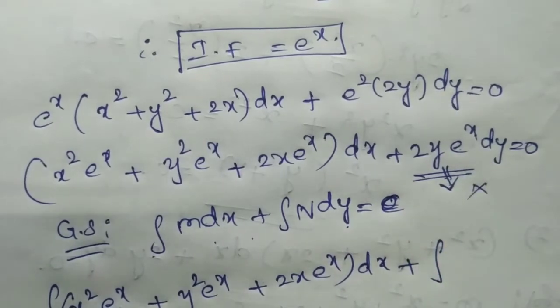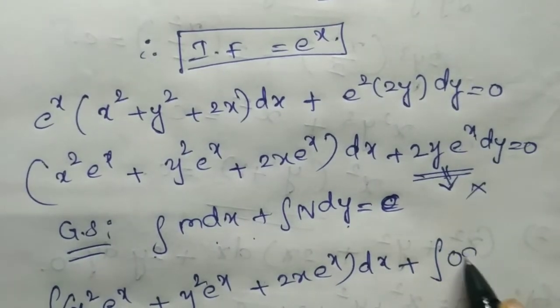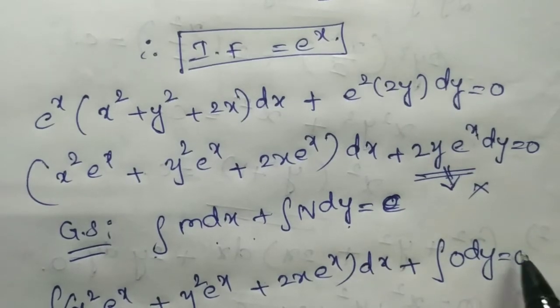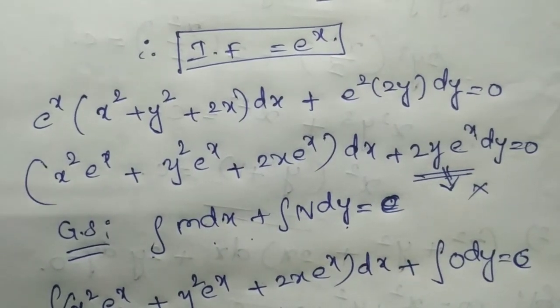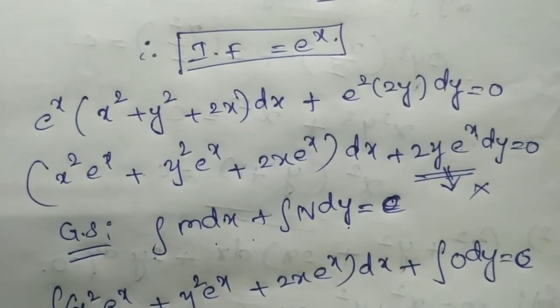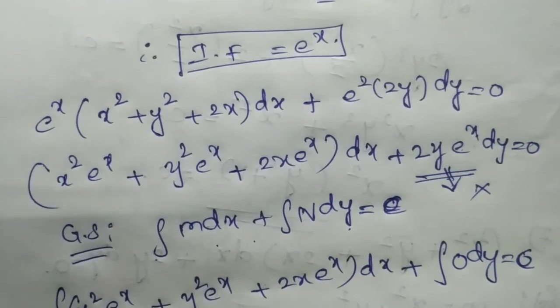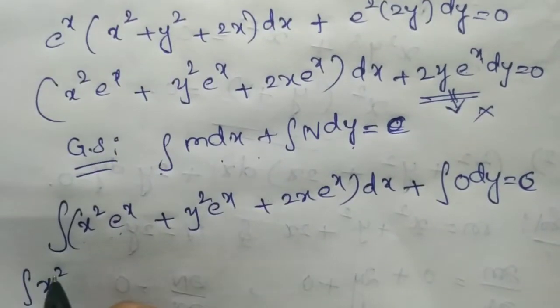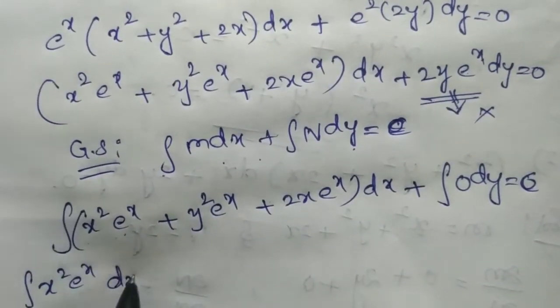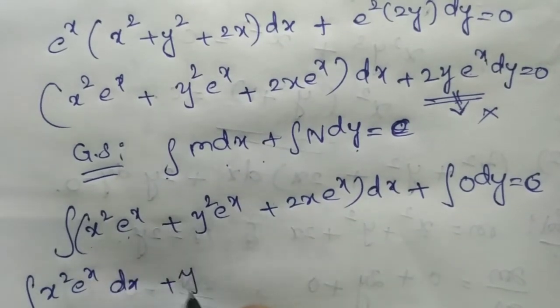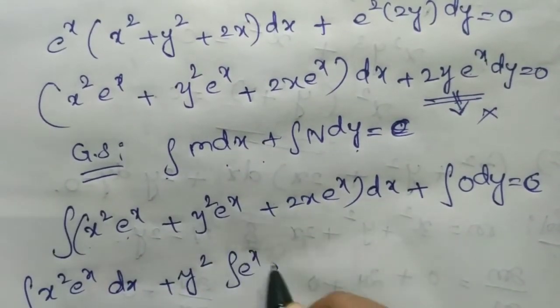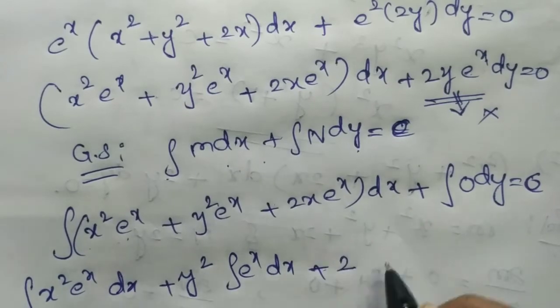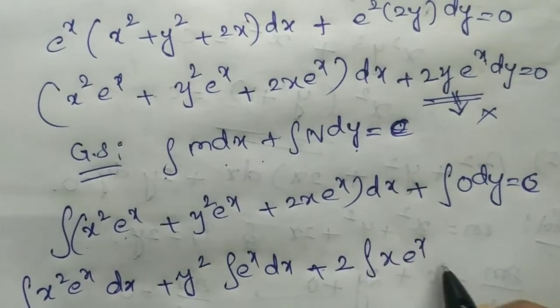So removing this term we get 0. So integration of 0 dy equal to c. So integration of x square e power x dx plus y square into integration of e power x dx plus 2 into integration of x e power x dx equal to c.